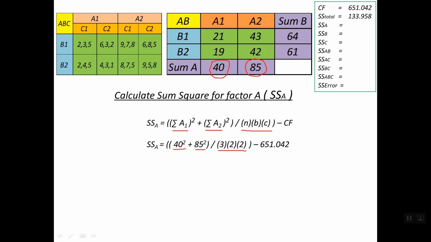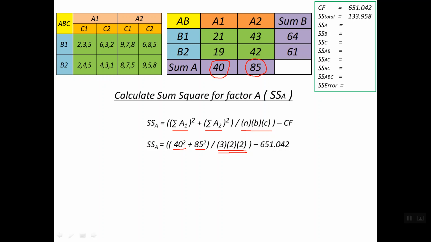Let's understand how we get the value of 12, or simply 3 times 2 times 2. As we said, this value, which is 12, represents the number of observations inside A1 or A2.